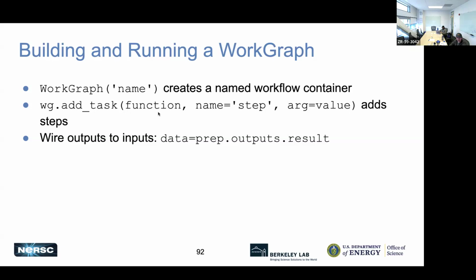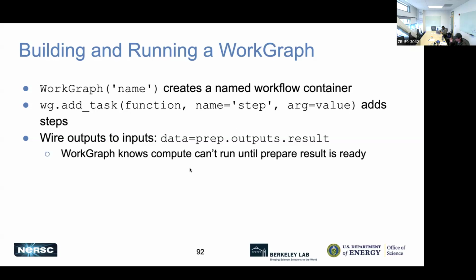You do a little bit of wiring to pipe your outputs and your inputs together between tasks. So prep, inputs, results. And the work graph operating this is smart enough to know that you can't actually run things until their dependencies are satisfied.